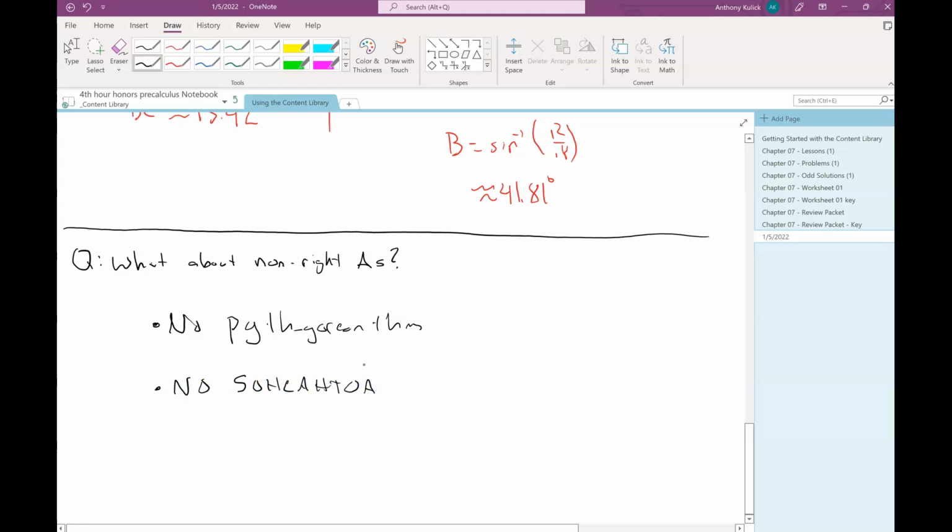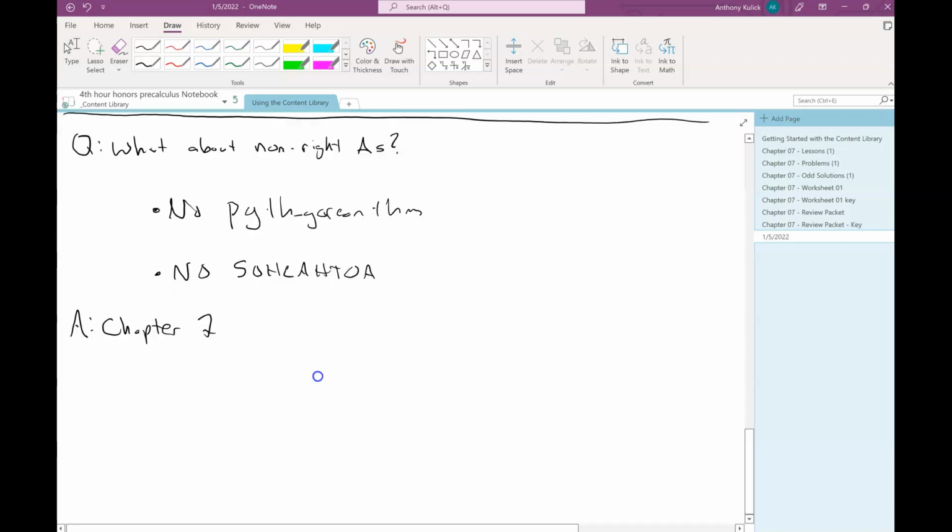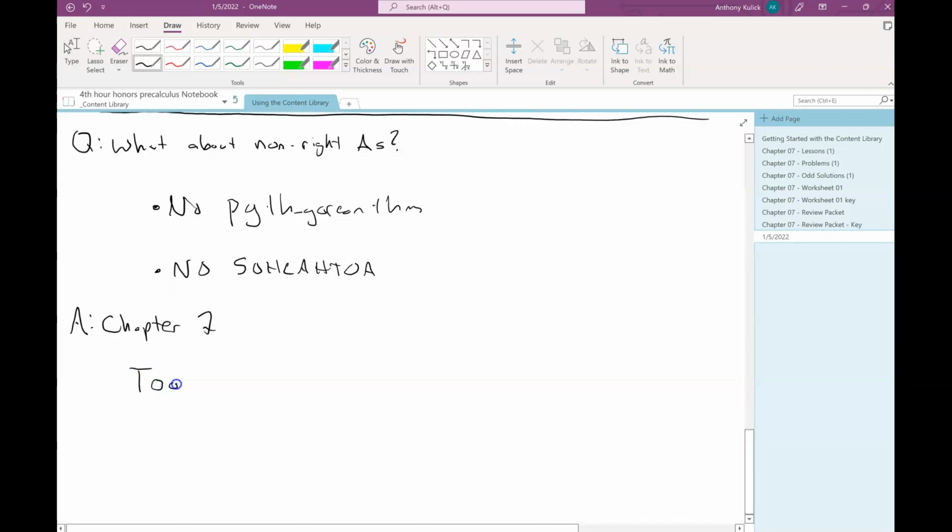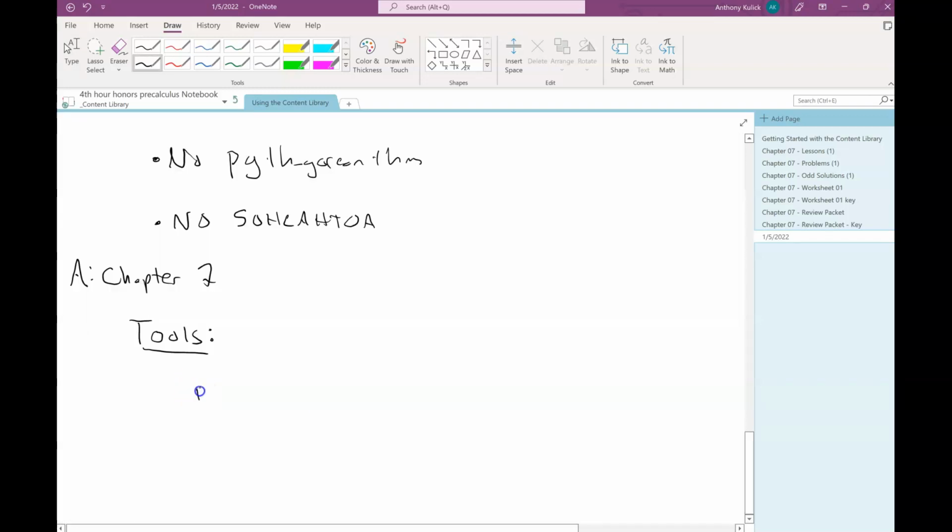Those are for right triangles only. Oh no! What do we do? Well, we're going to answer this in chapter 7. In chapter 7, we're going to introduce you guys to two tools that we can use for any triangles.